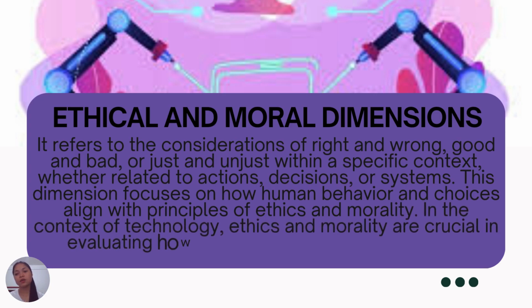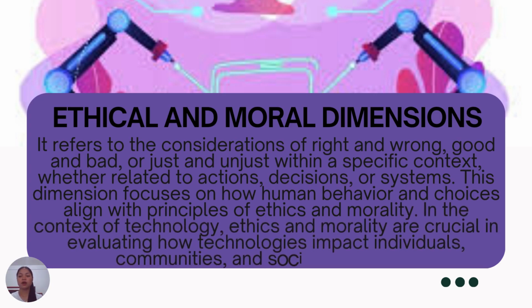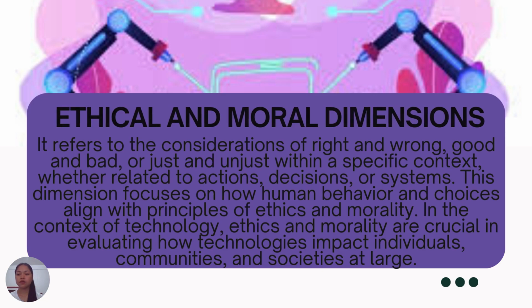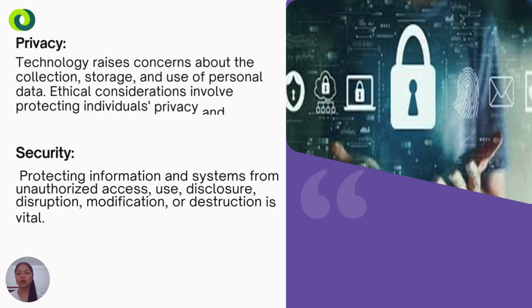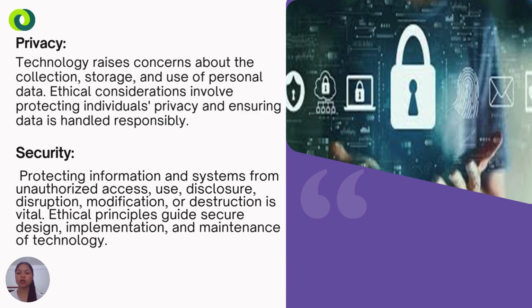In the ethical and moral dimension, there are nine types of dimensions. First is privacy. Privacy is important to individuals regarding their protection and responsible handling. Next is security, the protection of our information and systems to avoid disclosure of information via the technology we use.